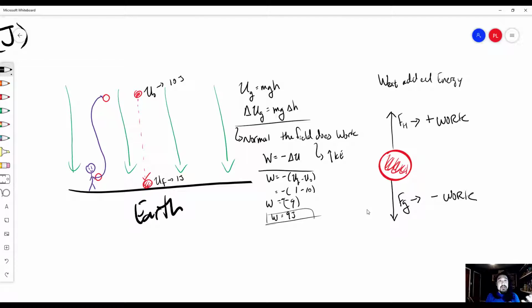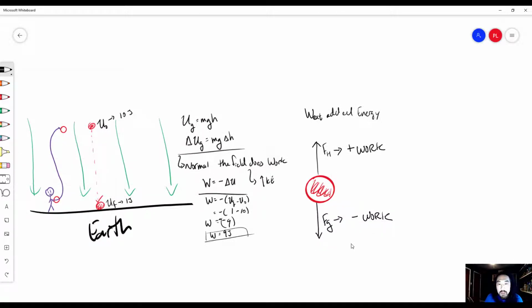And this goes back to the formula for work. If we take a look at the formula for work, work is equal to force times displacement, but there is a special trig function that we can add at the end, and that is the cosine of theta.